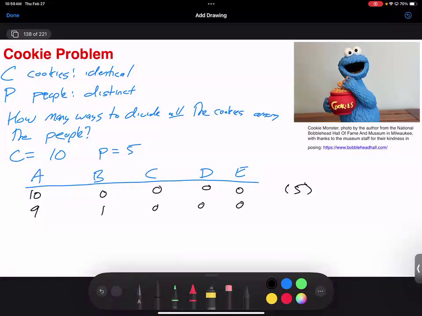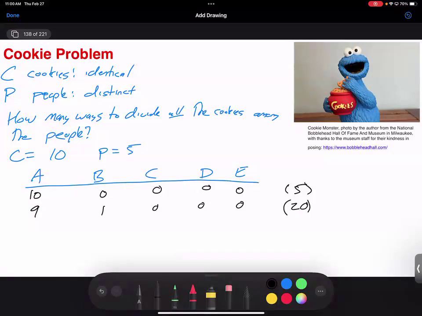How many ways are there to rearrange those? 5 times 4 is 20. It's not clear yet what's the right pattern to view this. Do you think the pattern involves factorials? Yeah, we're talking about arranging things.